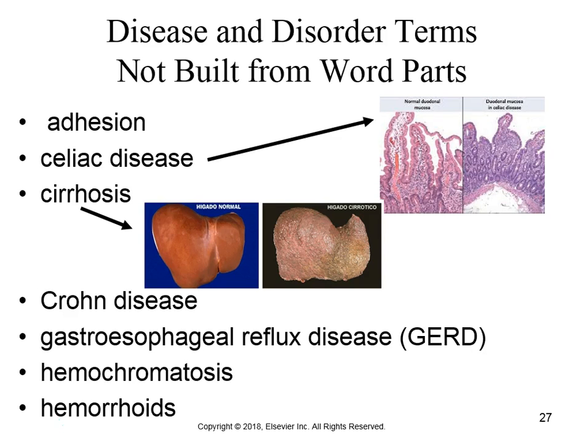Okay, we're now to the words not built from word parts, our less fun friends here. Starting off, we have adhesion. And similar to chemistry, adhesion is when something sticks to something else.